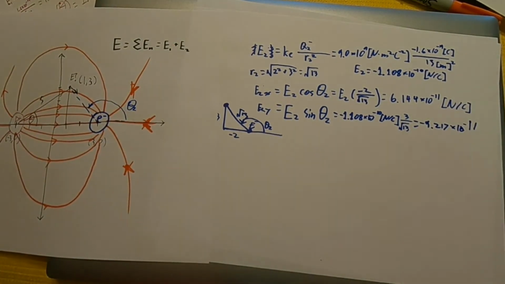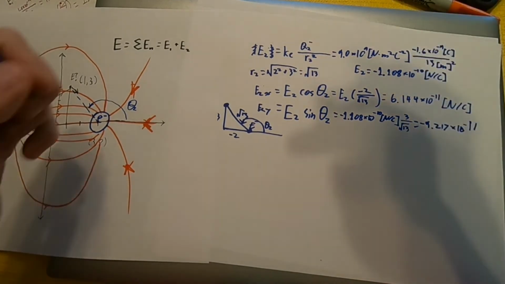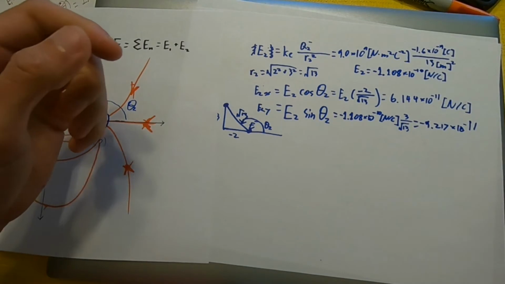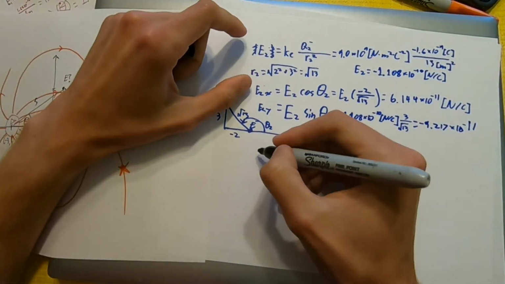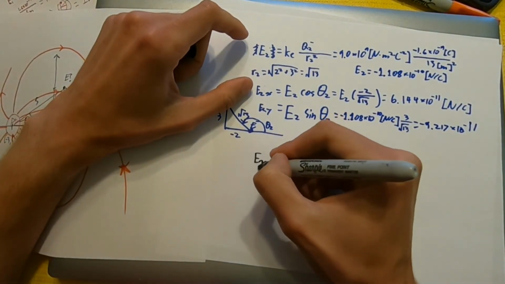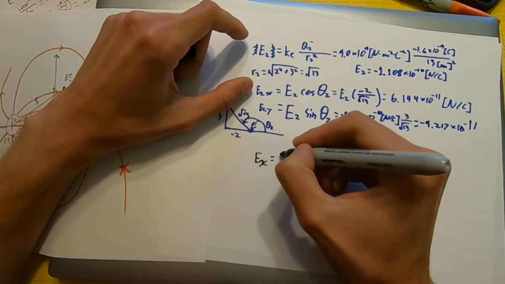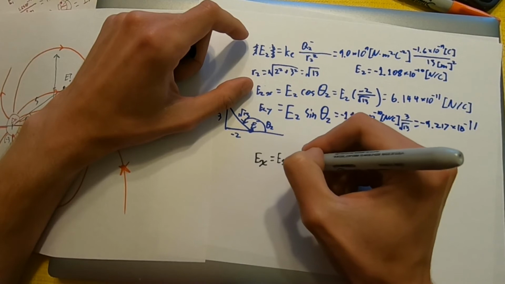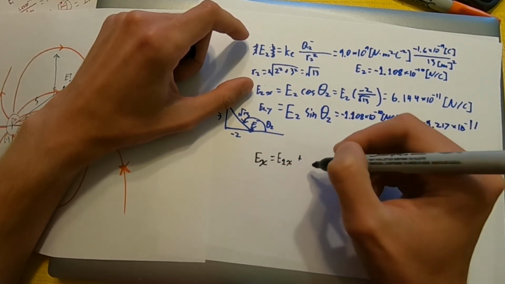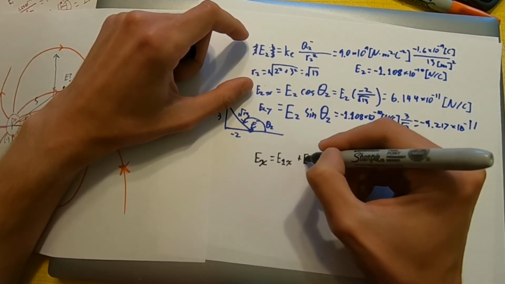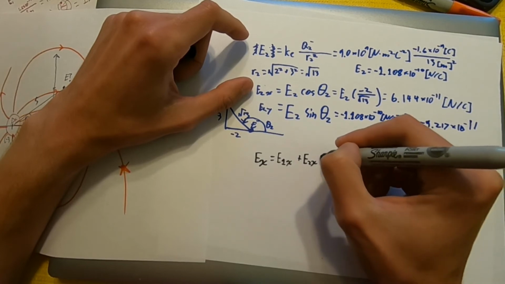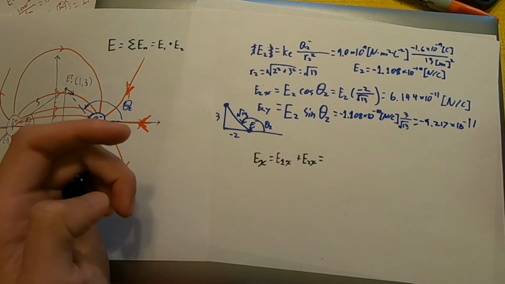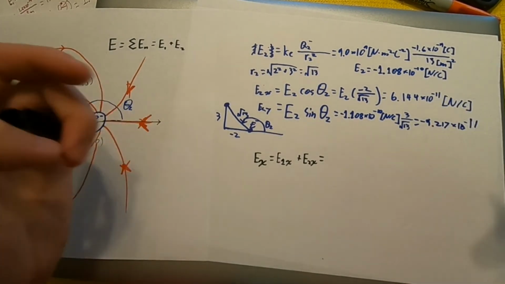So now we finally get to put all of this together. Our resulting Ex is going to be equal to E1x plus E2x, which, just plugging that into our calculators, we can write out.